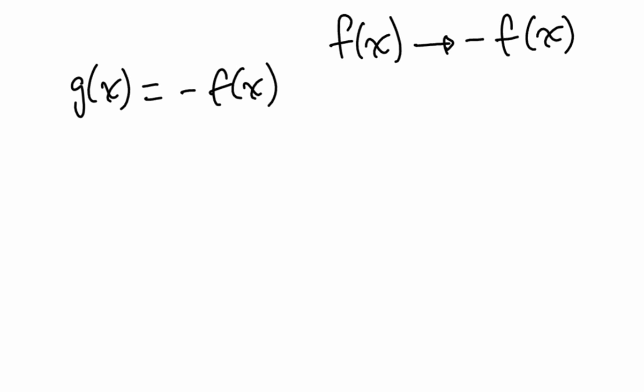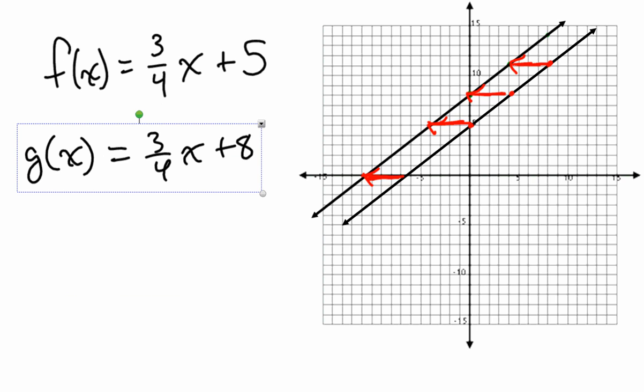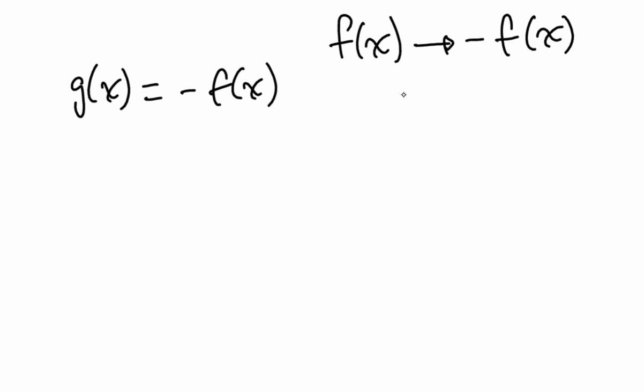Now I forgot what f of x was. The function was 3/4 x plus 5. So, just to remind myself, f of x equals 3/4 x plus 5, and I'm ready to build my new function g.